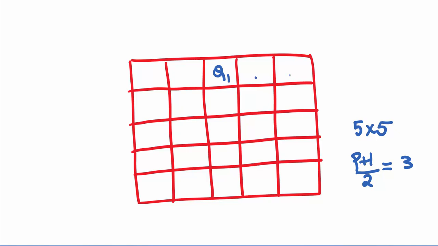So 1, 2, 3. And now we'll place the queen here. So the second queen has been placed. Now count again 3. So 1, 2, 3. But see, if we place the queen here, it will have two queens in the second row. So move to the 8th place. So 1, 2, 3, 4, 5, 6, 7, 8. In this position, we place the third queen.